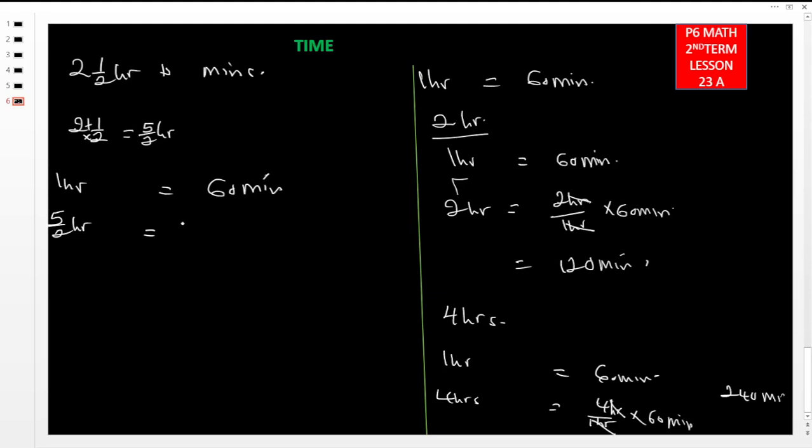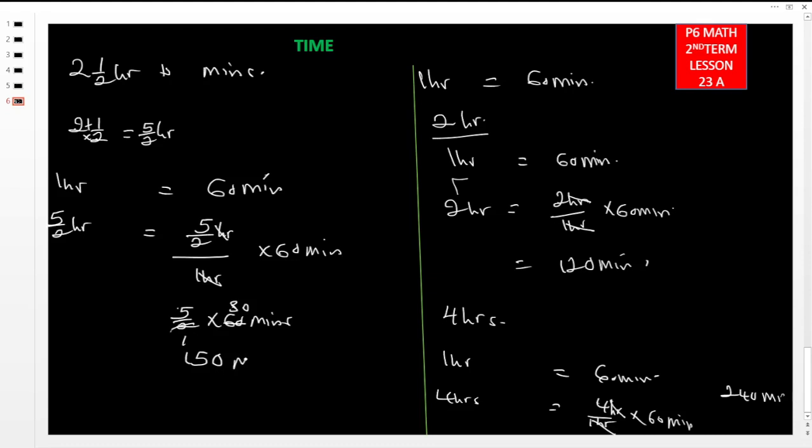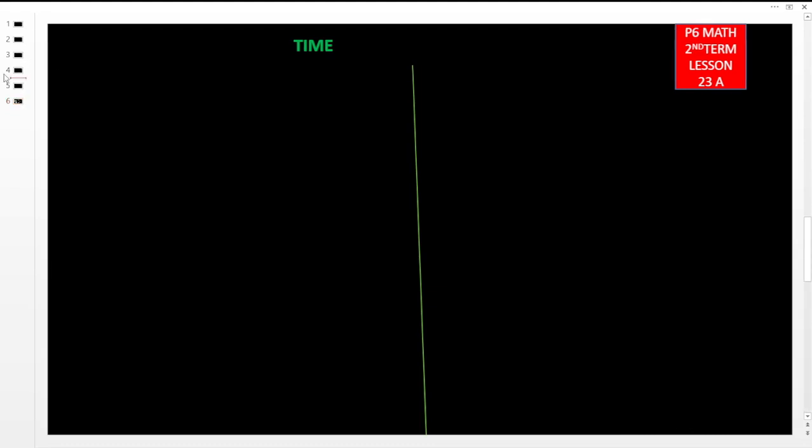This is 5 all over 2 hours over 1, inverted L, then times the 60 minutes. Hours go with hours, then we have 5 out of 2 of the 60 minutes. By 2, 1 by 2, it is 30, by 5, that is 15, you add on a 0, so we come up with 150 minutes.